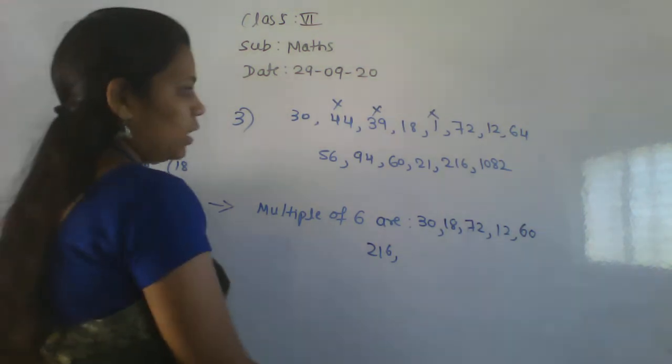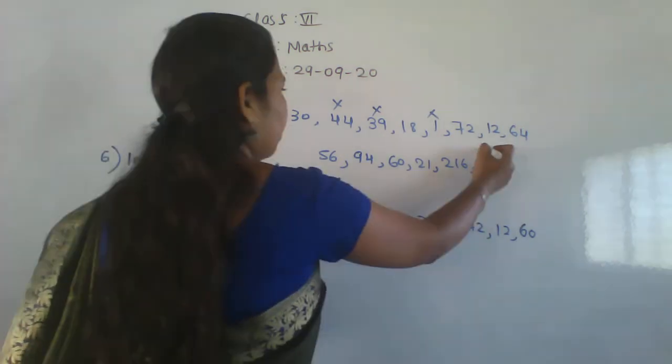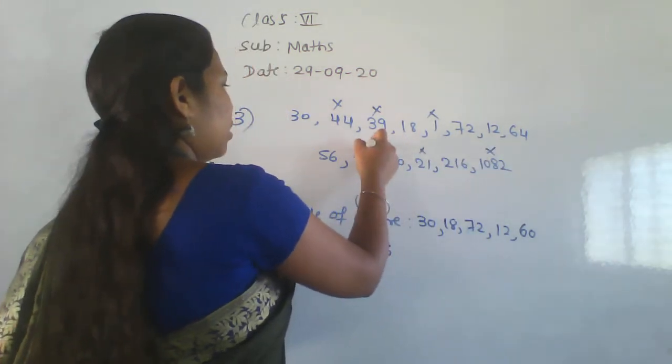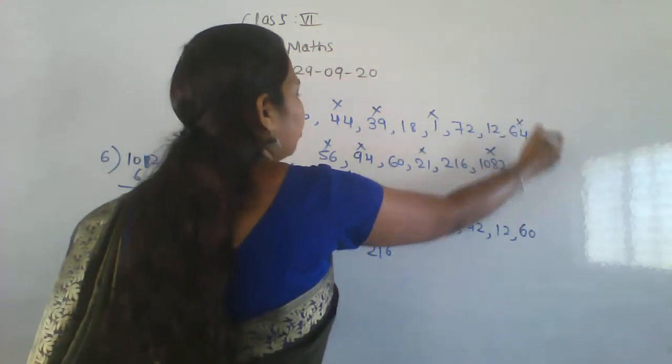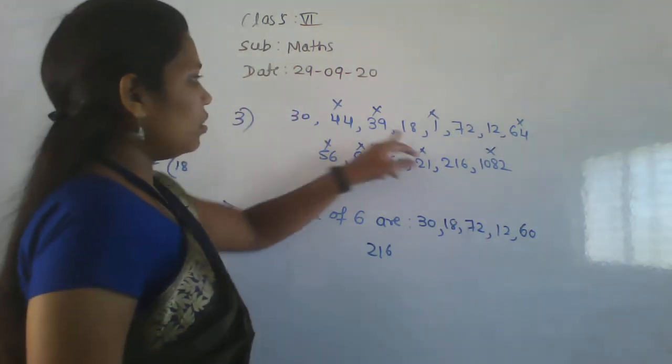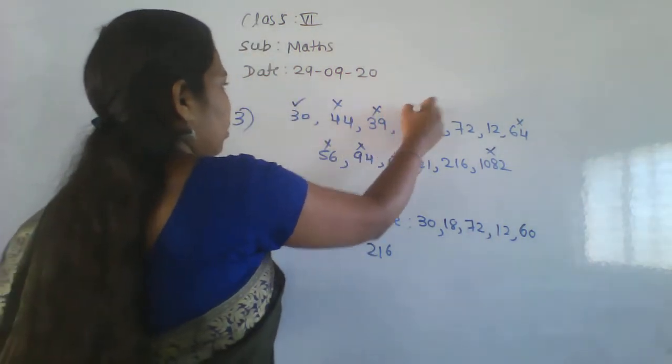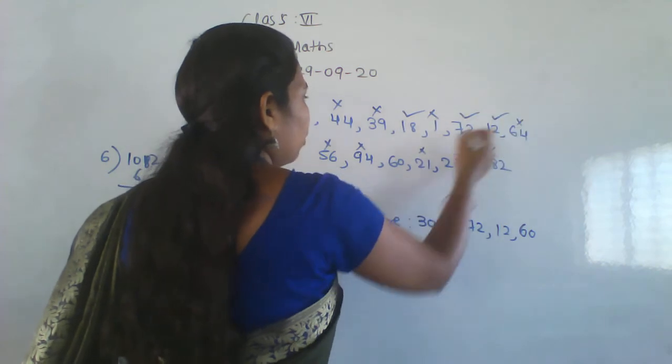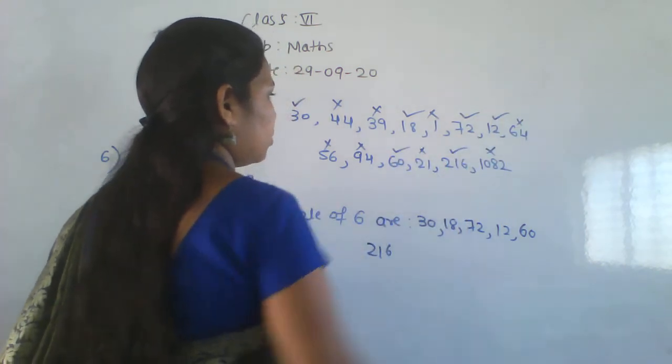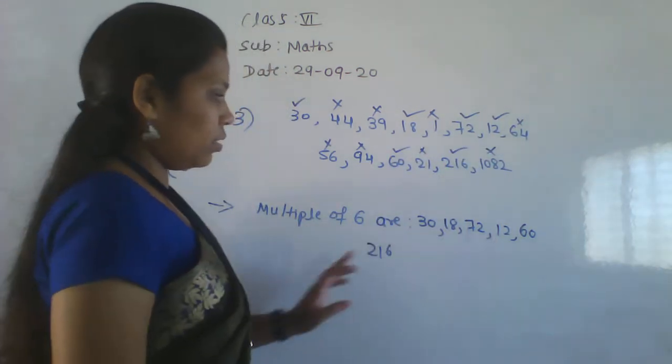No, it is not a multiple of 6. Okay, only 1, 2, 3, 4, 5, 6. How many are written? 6.